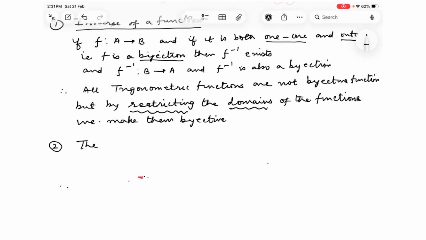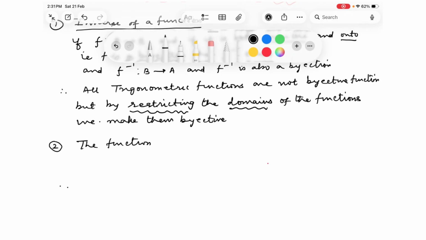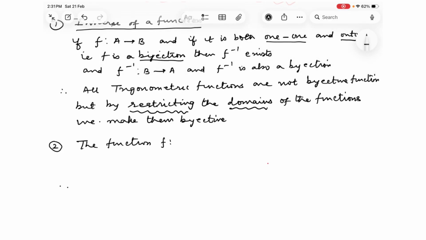Now the function f from minus pi by 2 to pi by 2 to minus 1 to plus 1, defined by f(x) equal to sin x, is a bijection.